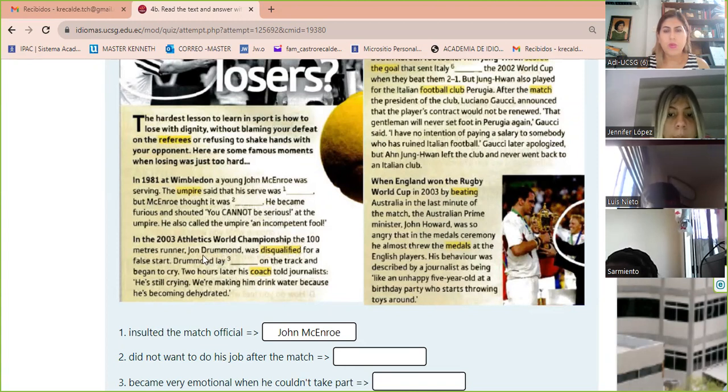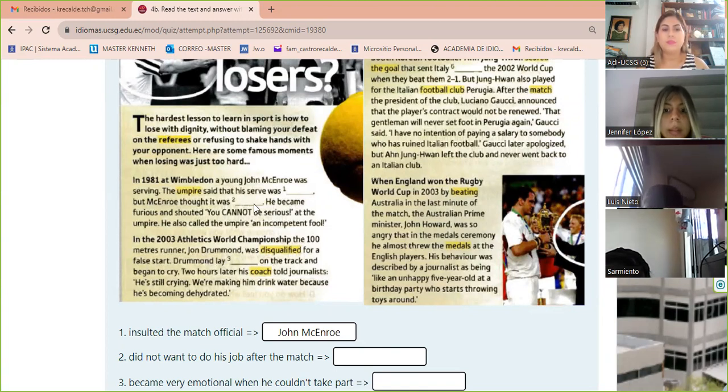In the 2003 Athletics World Championship in the 100 meters, runner John Drummond was disqualified for a false start.